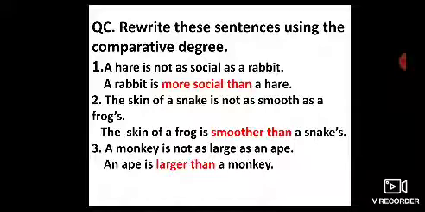Then the third one, a monkey is not as large as an ape. This is the positive degree. See, when as is used, it is in positive degree. So who is large here? An ape. So we'll write that an ape is larger than a monkey.